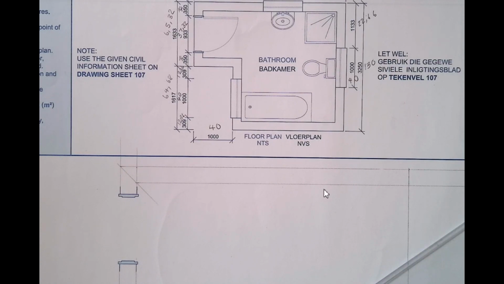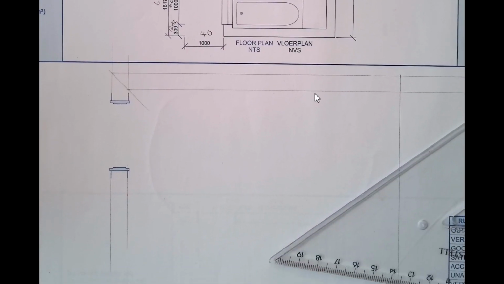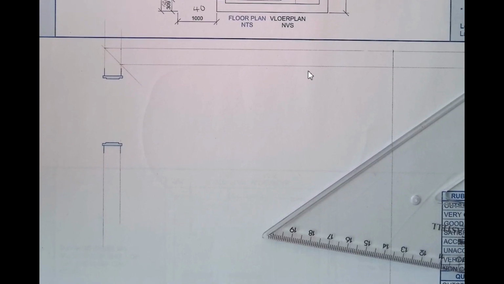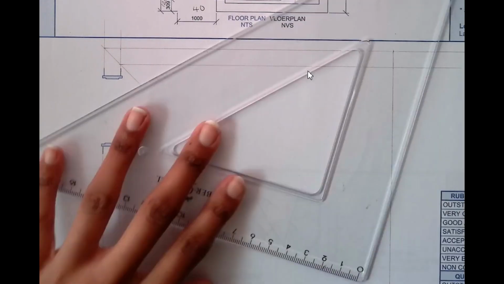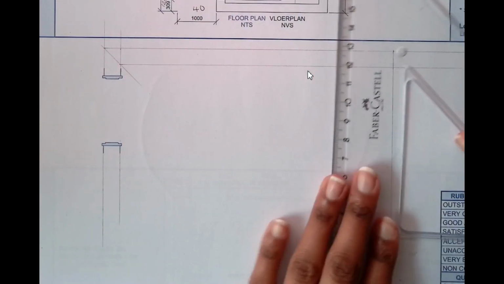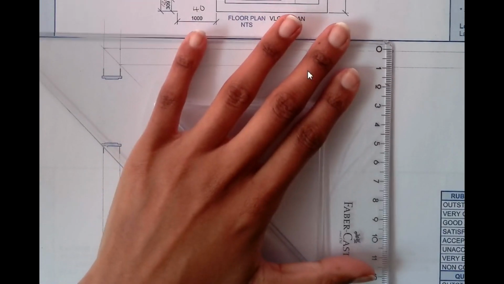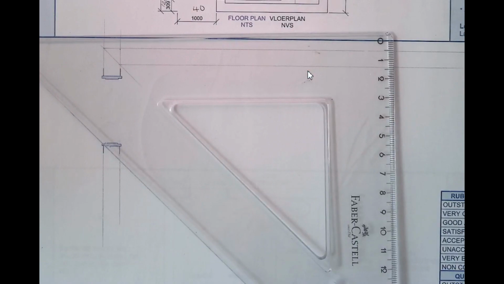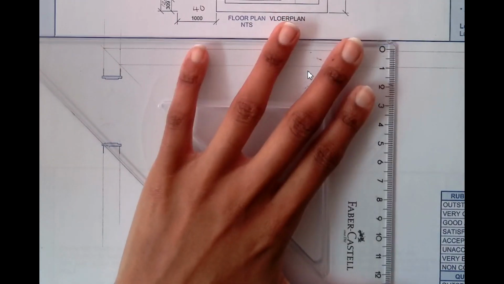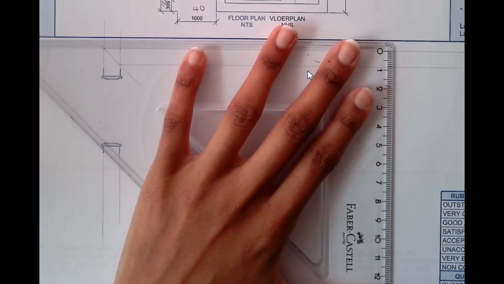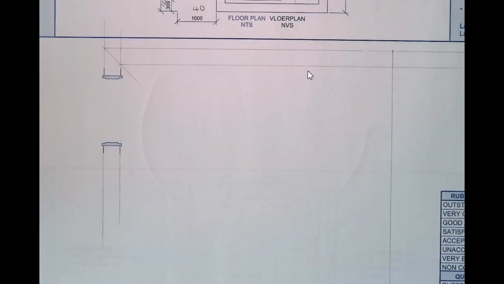And as you can see here, we have 130. So I'm just going to go ahead and measure 130 from the bottom. This is my 130 there at the bottom.